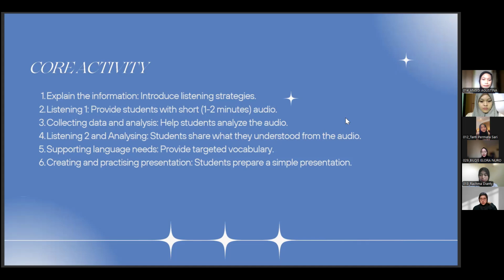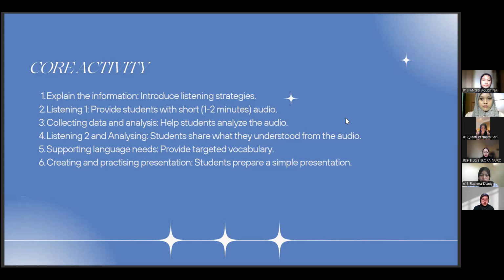Okay, for the next point, we talk about core activity. The first one is explaining information. It introduces listening strategies like recognizing familiar words, identifying main ideas, and focusing on tone. Keep it simple as they are just building their listening skills. The second one is listening part one.